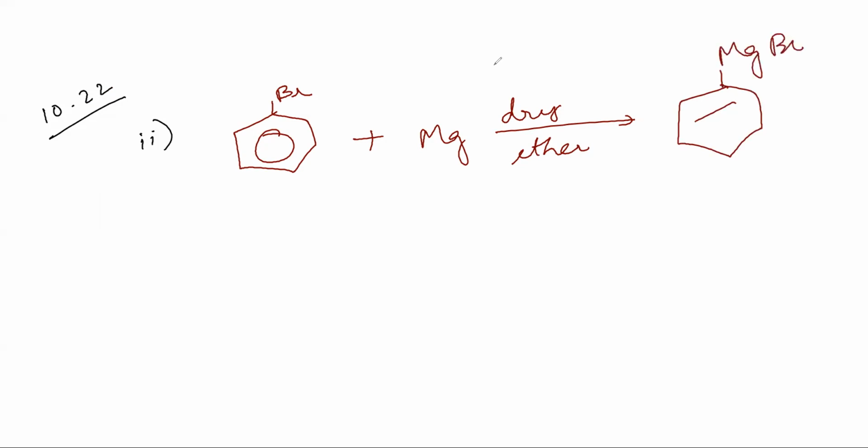So simply you have to write the name of the product: phenyl magnesium bromide. Done? Okay, I hope you have understood this part.